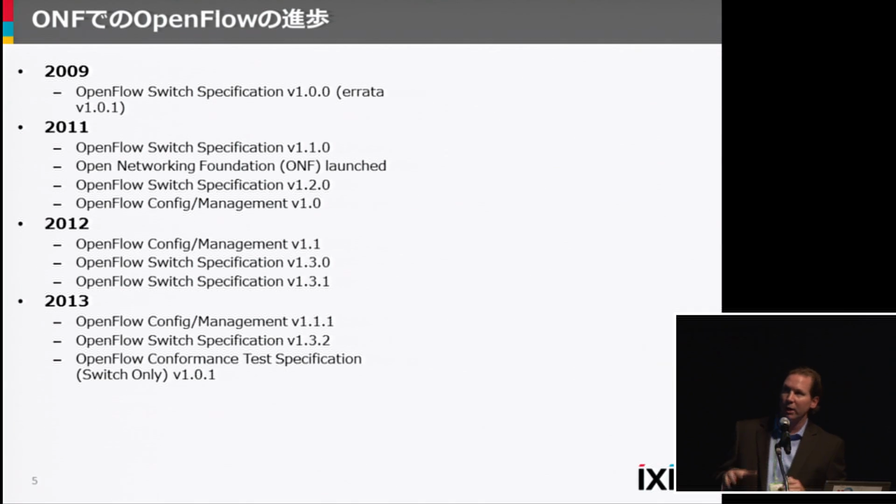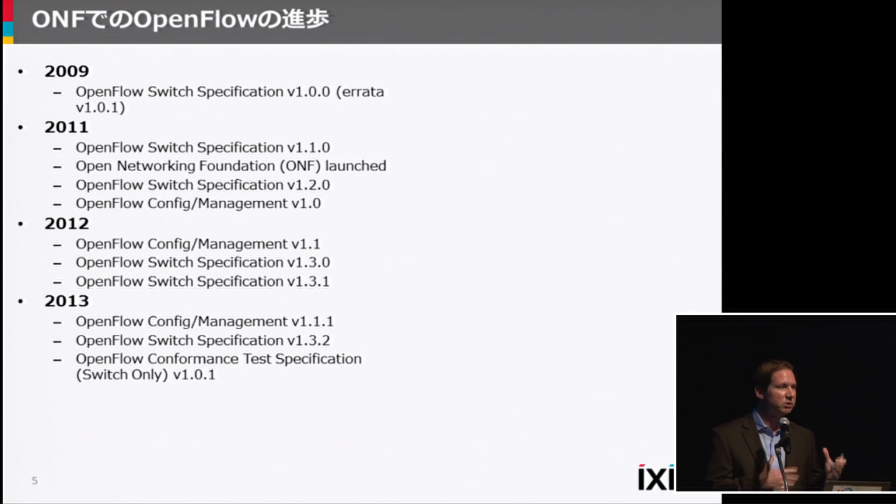When you look at the progression of OpenFlow, it originated at Stanford, and the 1.0 specification was first published in 2009. Stanford moved forward with version 1.1, and at that time there was a lot of interest in OpenFlow. However, it was just in the research communities. And they said, how do we take this and make it more open so that more vendors will implement OpenFlow?